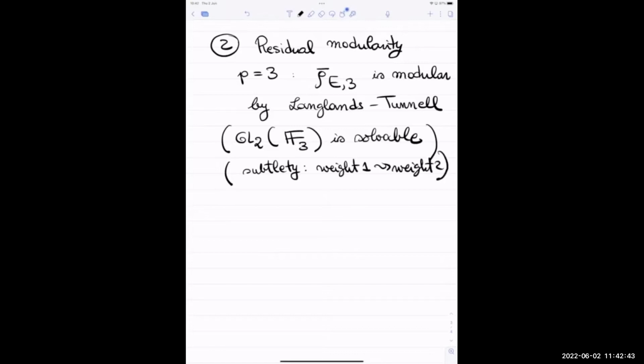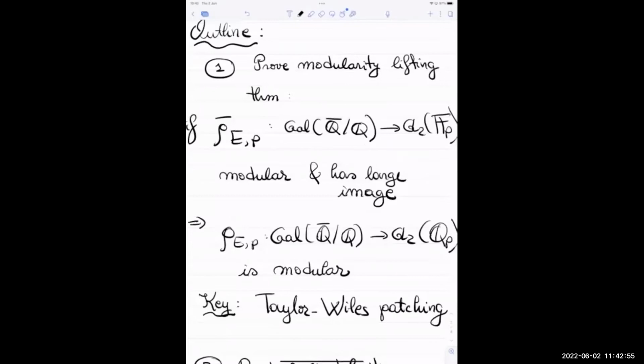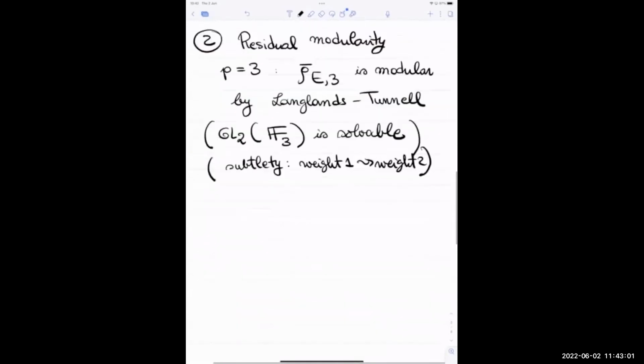Okay, so using this, if you know that your image on the 3-torsion is large, then you also know it's modular. And so your hypothesis in step 1 is satisfied. And so you can show that the characteristic 0 representation is also modular, and then you're in good shape.